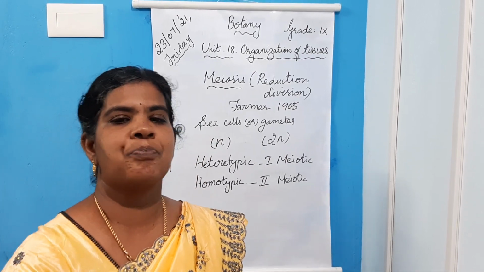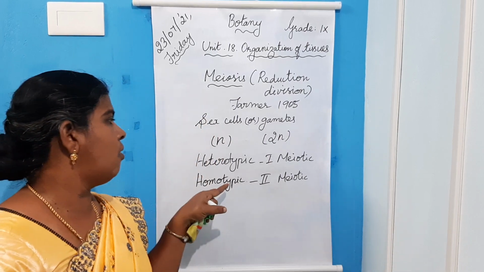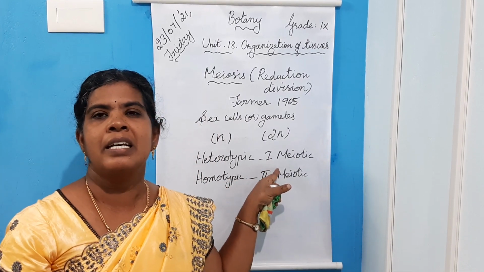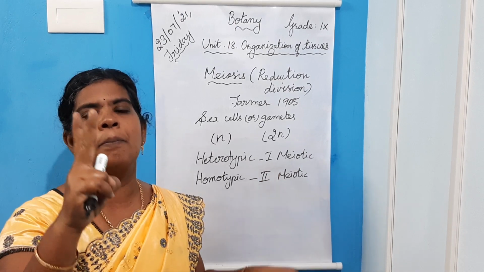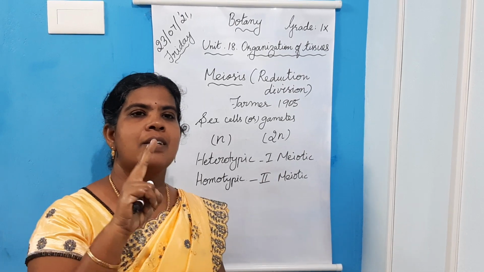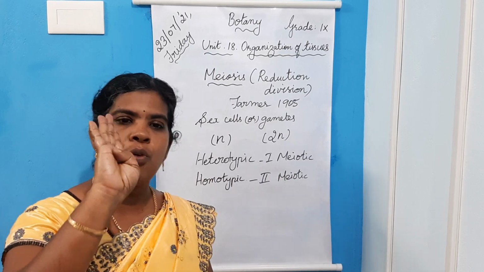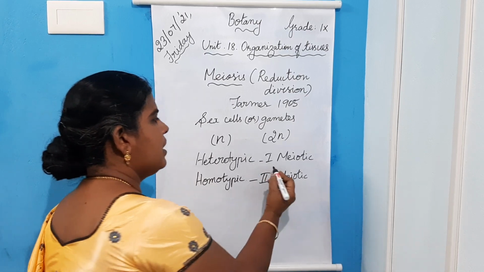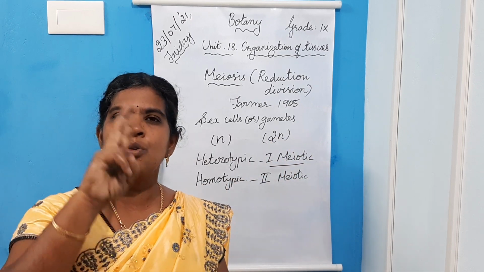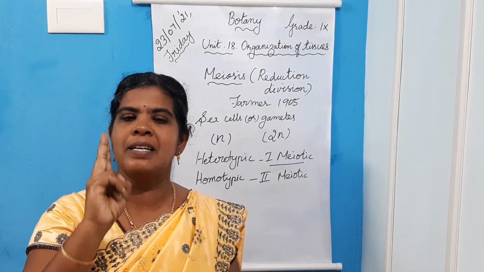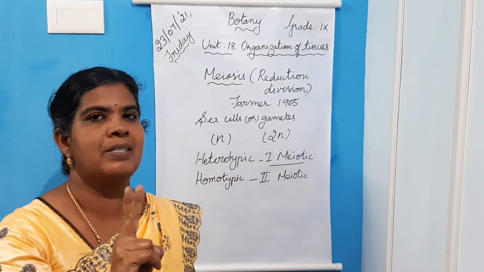Now, the first heterotypic or first meiotic division divides the diploid cell into 2 haploid cells. How many daughter cells are formed from meiosis? 4. From the first meiotic division, 2 haploid cells are formed from the diploid cell.